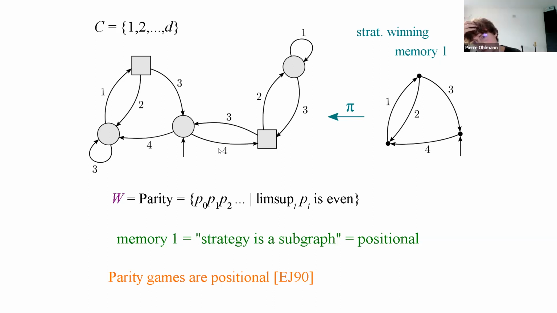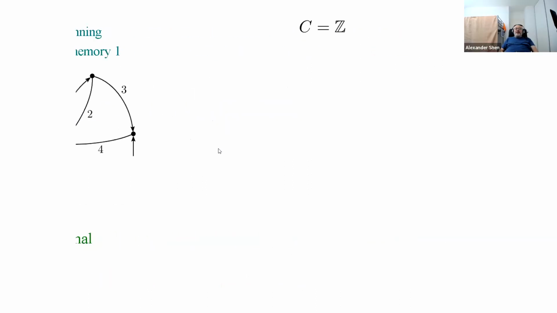Yes, I guess. Actually, there are several proofs, but maybe from scratch, the simplest proof of positionality of mean payoff games is by reduction to discounted games, which are even more general. I don't know if you would agree with this, Sasha. Okay, but this you will explain probably next time.